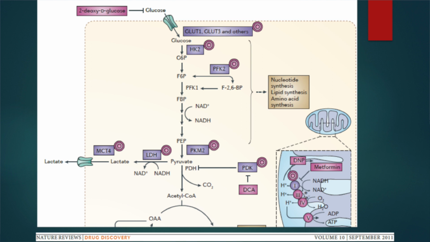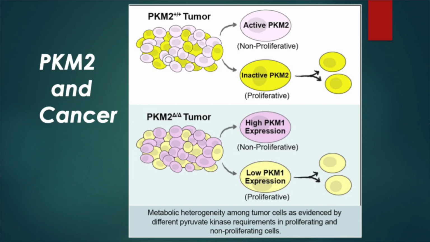From this cartoon you can see that the accumulated intermediates of glycolysis are shuttled through the pentose phosphate pathway for the synthesis of amino acids, nucleotides and lipids. How is PKM produced? As we all know, genes in eukaryotes are processed by splicing. In PKM, an alternative splicing mechanism takes place, which produces two isoforms, PKM1 as well as PKM2.